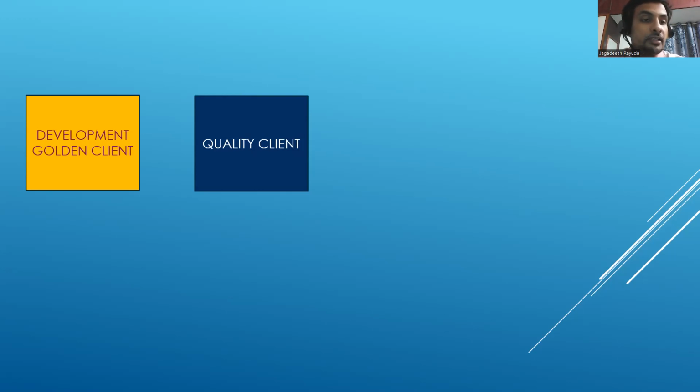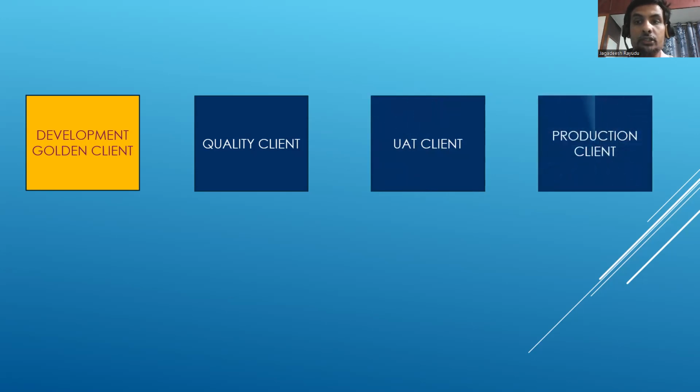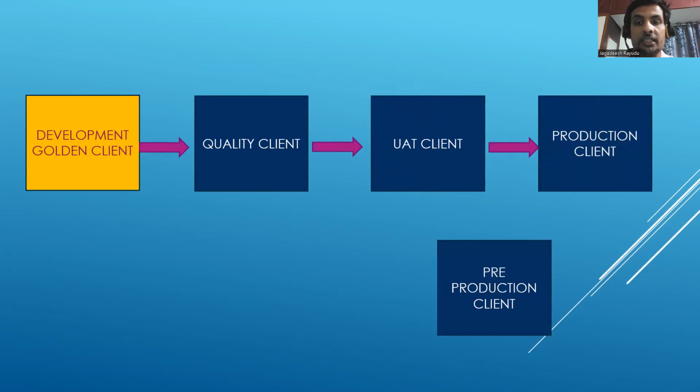It's not always 100, it might be 010 also. I have seen in my project experience, they put the client name with some x number. But it should not be the same for golden client, development golden client, and test clients. What generally happens, let me try to enter this. We have in the landscape development client, golden client, and quality client, UAT client, production client.